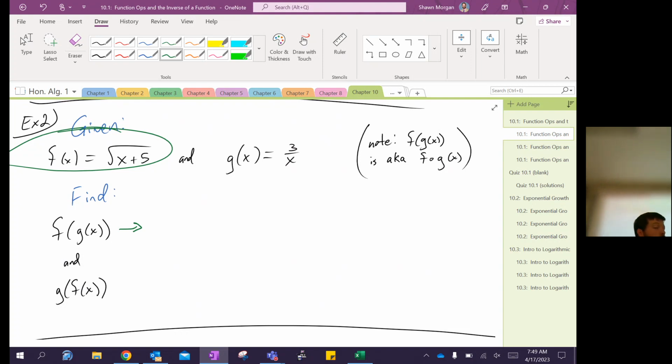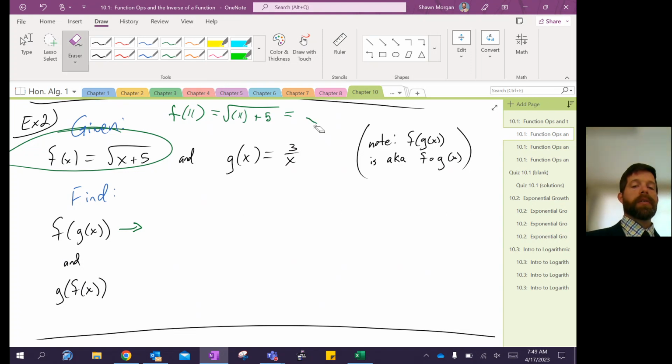So f of 4 we literally get by saying plug in 4, and we get out whatever we get out. Okay. Cole, what would f of 11 yield? Yeah, very nice. We'd get 4. Again, because he plugged in 11 plus 5, so on and so forth.